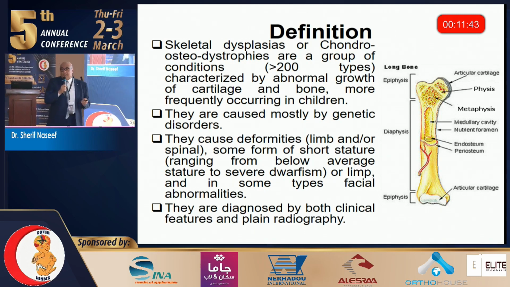There is no specific treatment of dysplasia. Treatment is either corrective osteotomy, lengthening of bone, or decompression of neural compression, but there is no specific treatment of dysplasia.